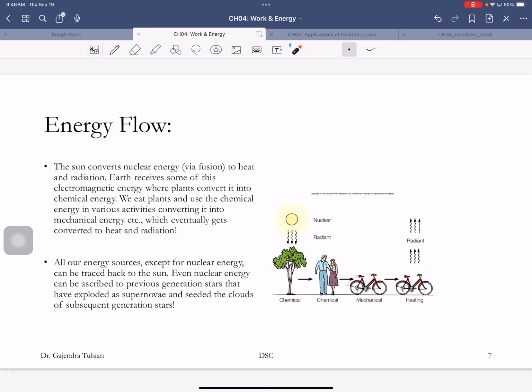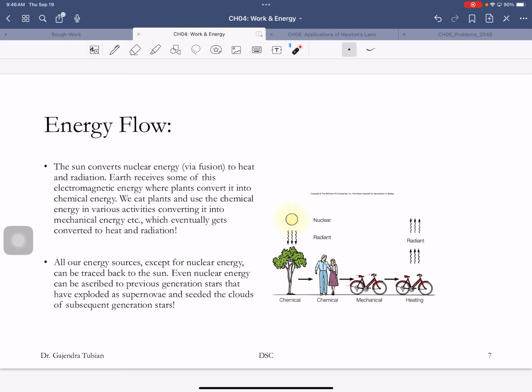All right, so here's the energy flow roughly in our lives. We get essentially all of our energy from the sun. Plants are the first devices that capture this energy, and now we have solar cells and stuff like that, but most of the energy is captured by plants. They convert this radiant energy to chemical energy.